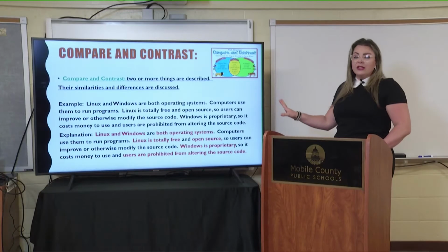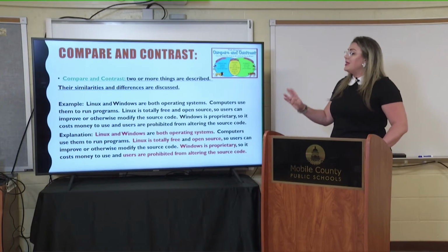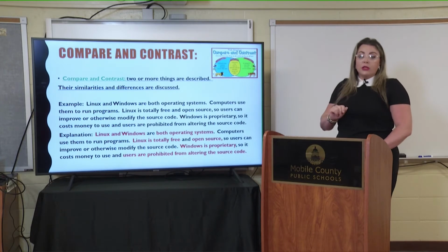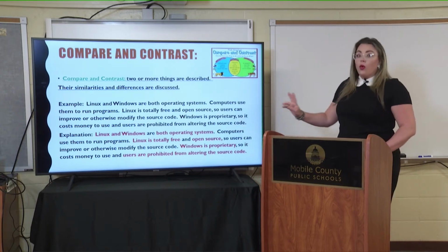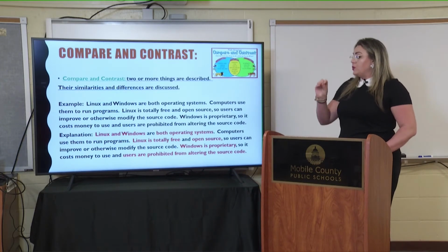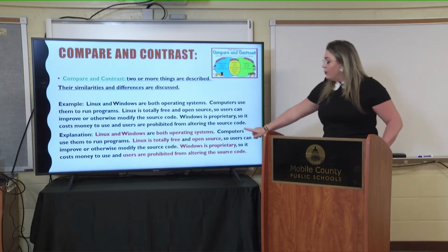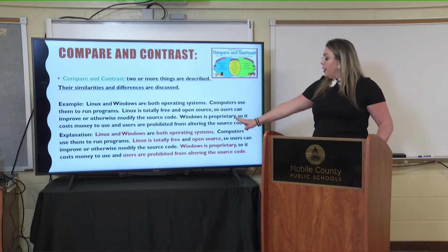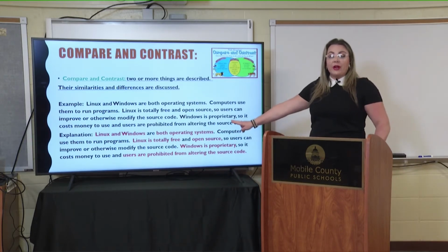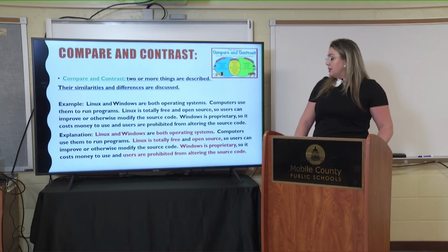Now, the first thing that we're supposed to do with compare and contrast is have 2 things described. Let's look at this explanation. Here in the very first sentence, we are introduced to the 2 topics, which are Linux and Windows. They are both operating systems. So we have 2 things, and here they're being compared because they are similar in the fact that they are both operating systems.